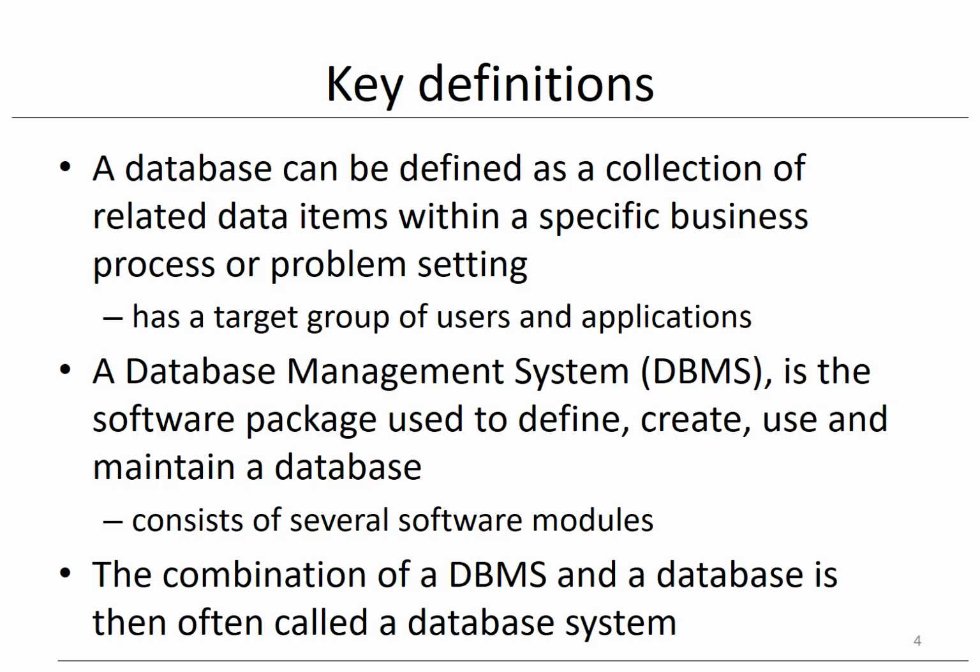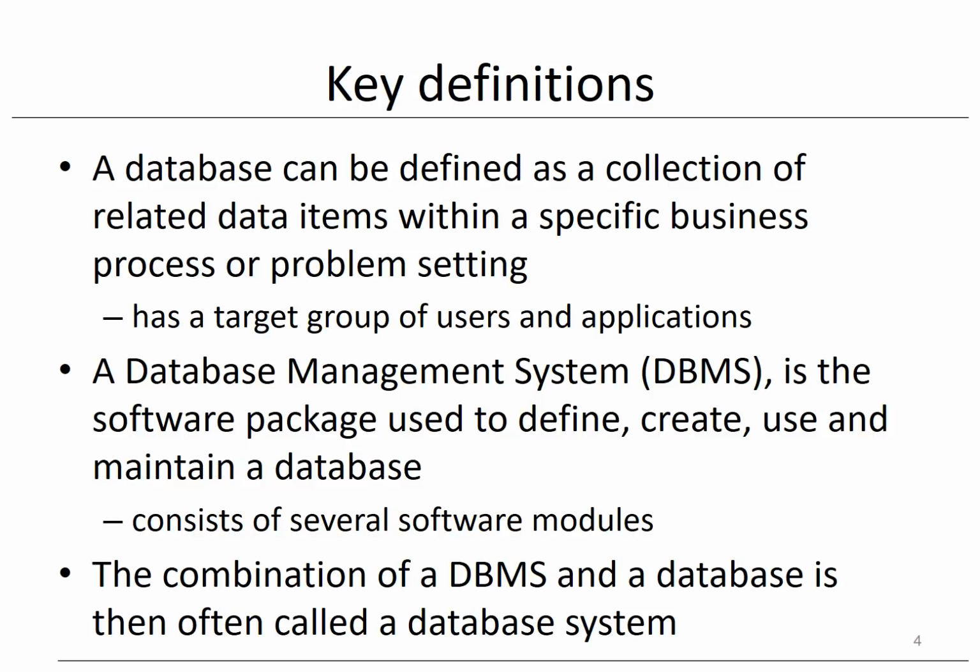Consider a purchase order system, where you have data items such as products, suppliers, and purchase orders. Each data item has characteristics. A product has a product number, product name, and product color. A supplier has a supplier name and a supplier address. A purchase order has a purchase order number and purchase order date.